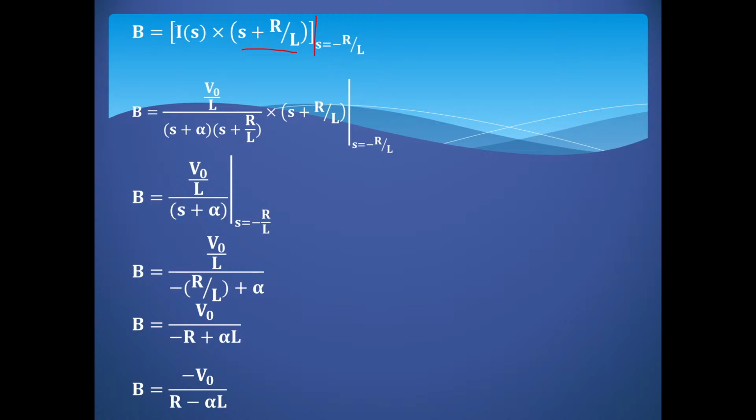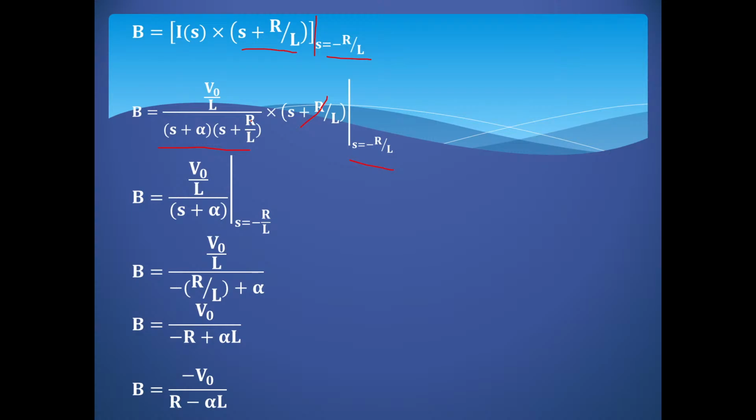So you multiply I of s with the denominator of B and equate s plus R by L to 0. When you equate it, you will get s equal to minus R by L. That's it, nothing else. So what is I of s? V naught by L by s plus alpha into s plus R by L, into s plus R by L, at s equal to minus R by L.